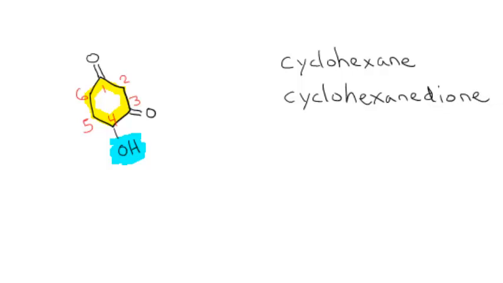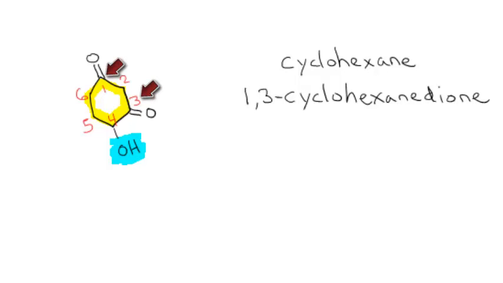In front of the parent name, we designate what carbons those 2 ketone carbonyls are located. So we place a 1 and a 3 to let us know that the ketone functionalities are at carbons 1 and 3 along the ring.